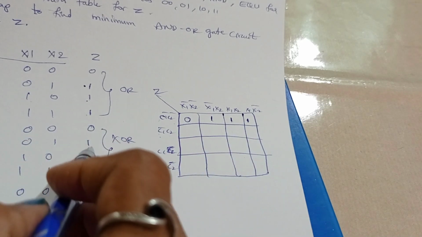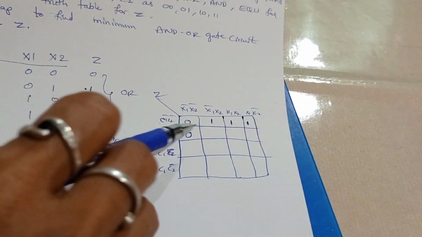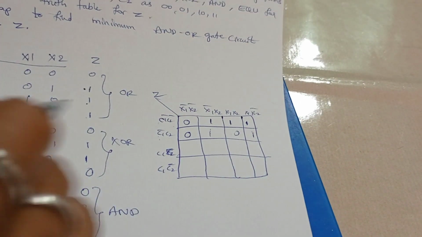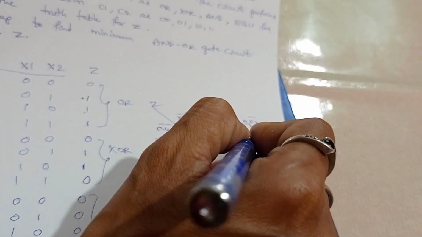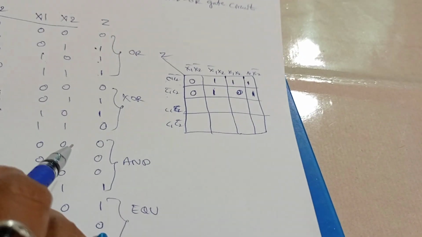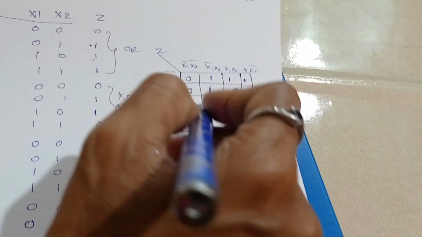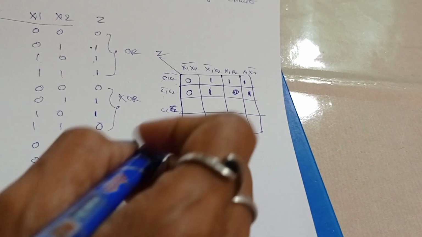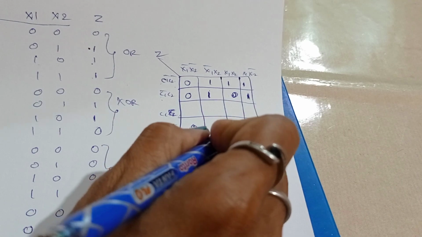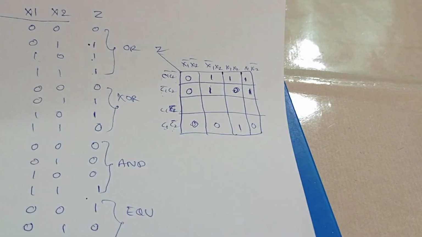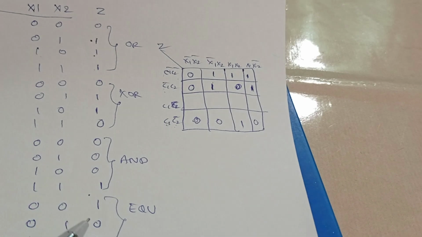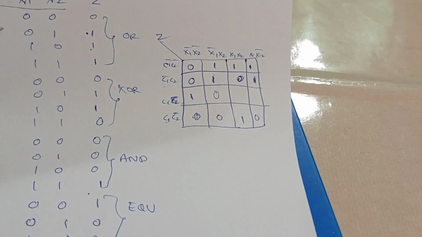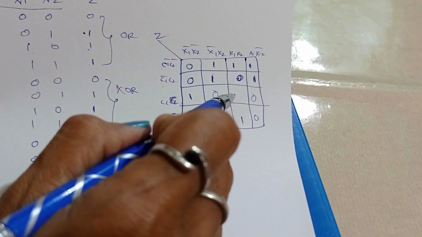Okay, so 0, 1, 1, 0, 0, 1, 1, 0. Next, same as this output, that is 1, 0, 1, 0 means this is 1, 0. So 0, 0, 0, 1, 0, 0, 0, 1. Next 1, 0, 0, 1, 1, 0, 0, 1.